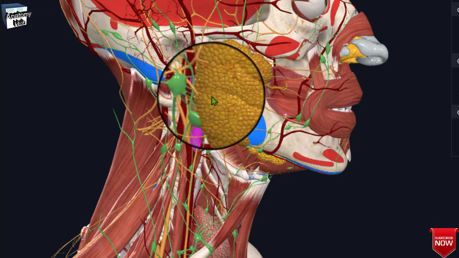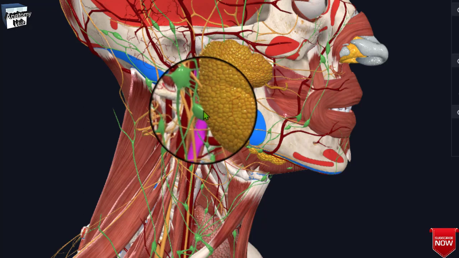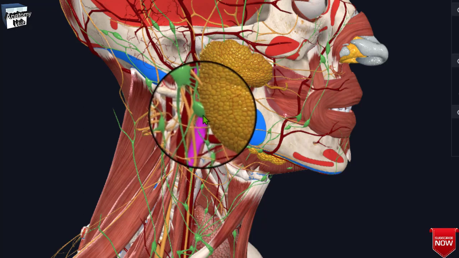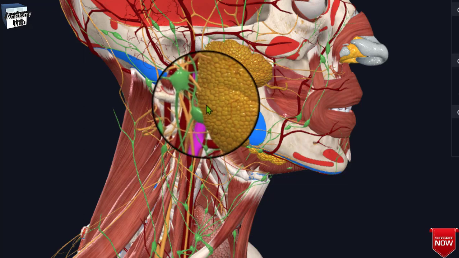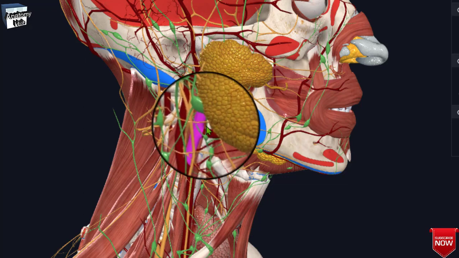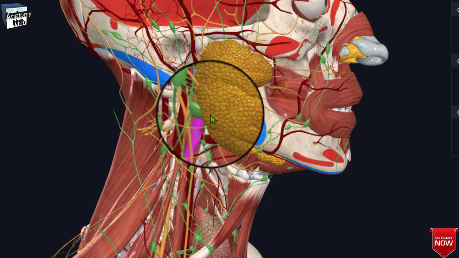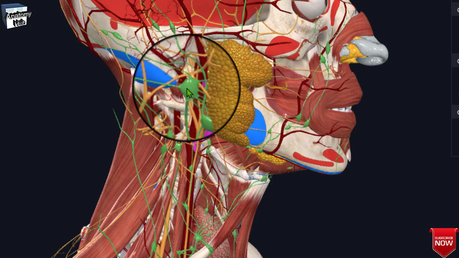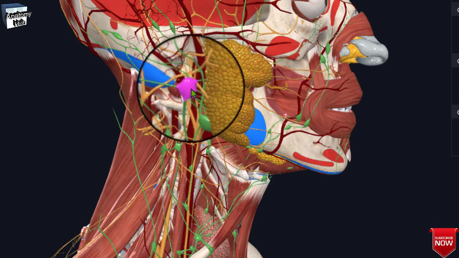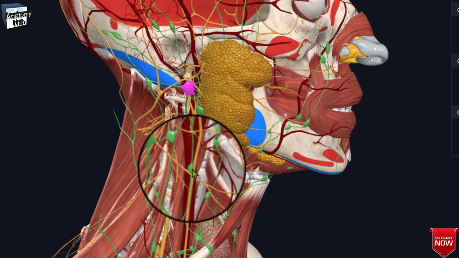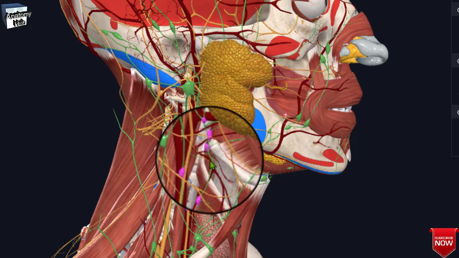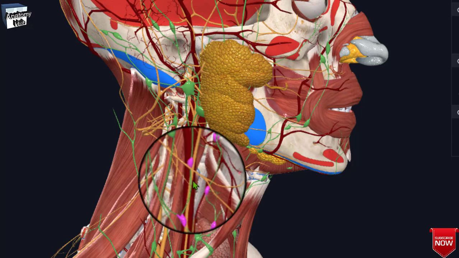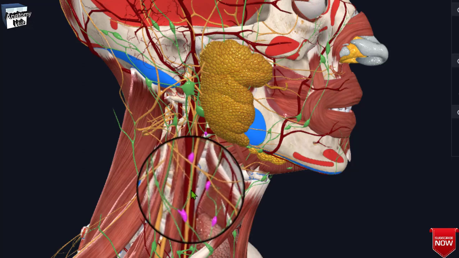The arterial supply arises from the branches of the external carotid artery, while the venous drainage is via the retromandibular vein, and the lymphatic fluid drains to the superior deep cervical lymph nodes.